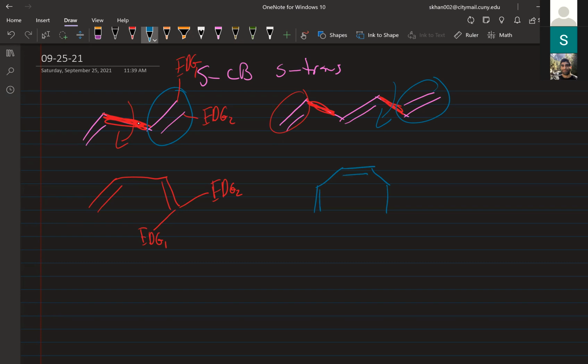The other double bond remains the same, it's pushing inwards, and now the other one is this. So now this is the S-cis form for 1,3,5-hexatriene. I think that's what it's called.